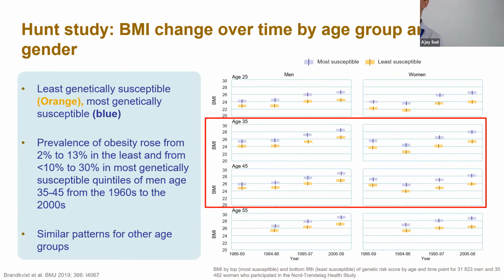So the prevalence of obesity in the most genetically susceptible quintiles, just taking men from 35 to 45, but it happened in all groups, rose to nearly 30%, whereas in the least genetically predisposed, it rose from a lower level. So it rose from about 2% to about 13%. So it increased in all the cohorts, but those most genetically susceptible have a much higher prevalence of obesity. So that's how the genes and the environments interact.